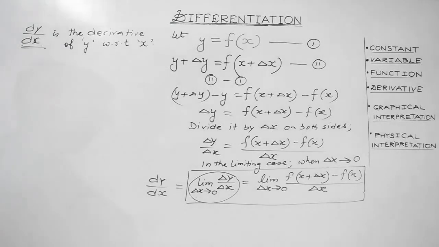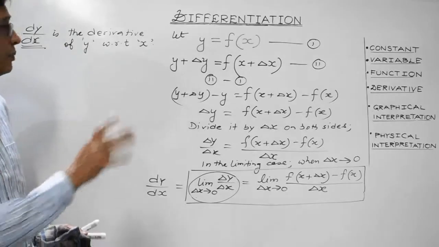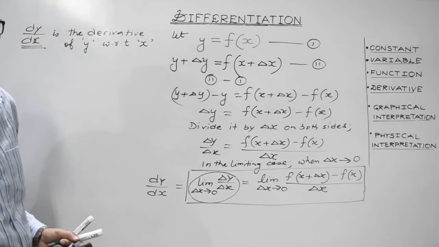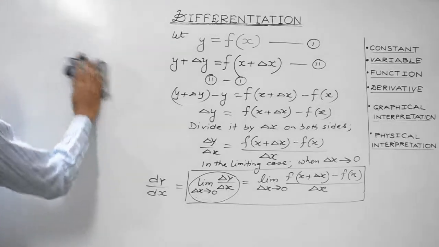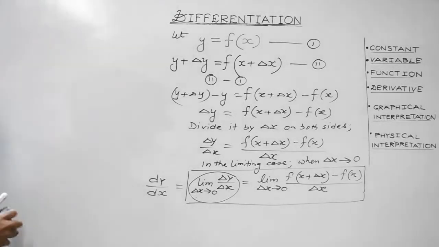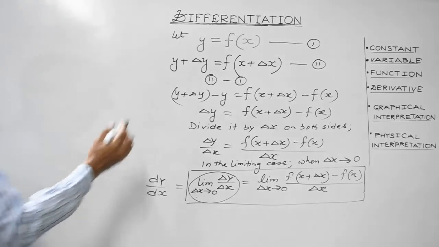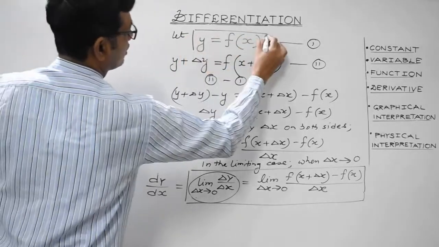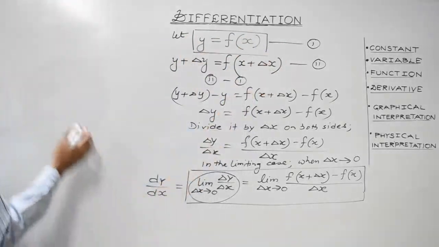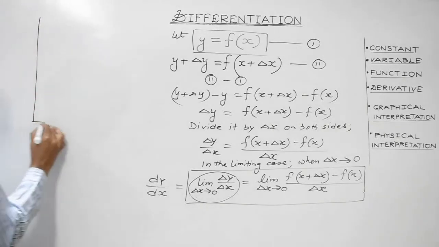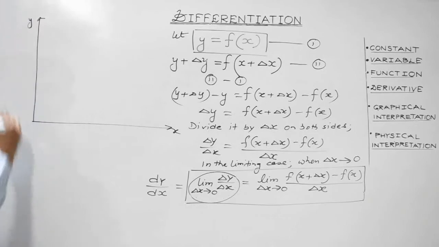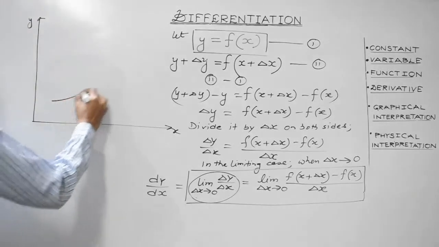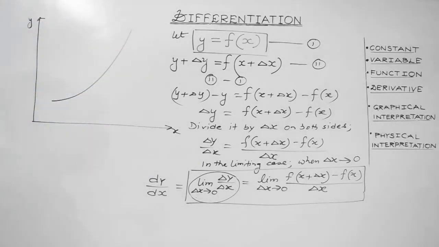So now we'll try to graphically interpret this dy by dx. Suppose we are considering y is equal to f of x. A graph is plotted between x and y. Let us consider this to be the x-axis, this to be the y-axis, and the graph obtained as a parabola like this.